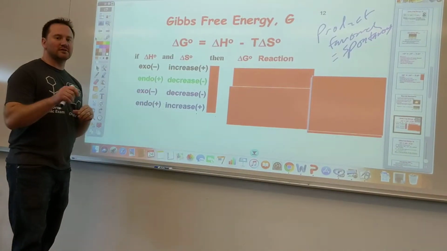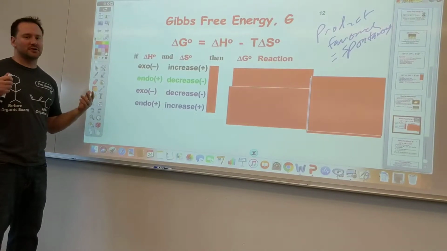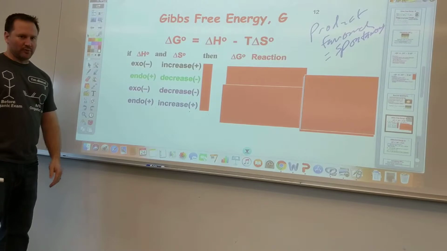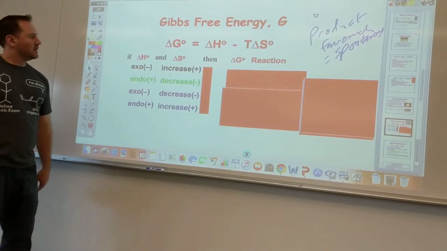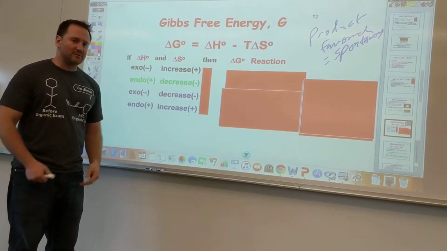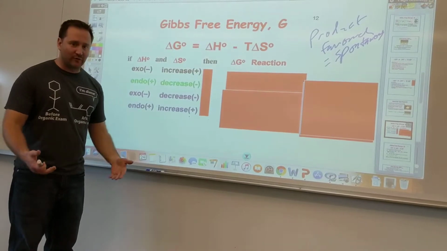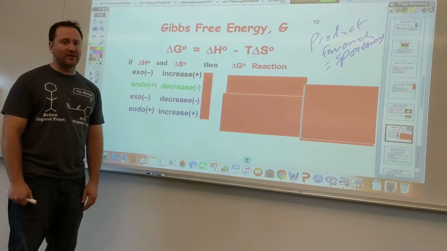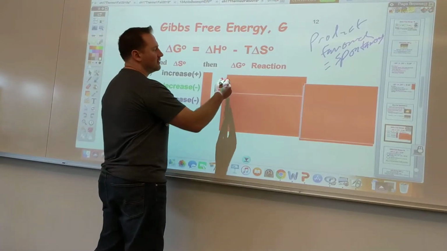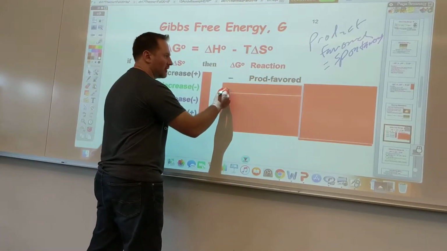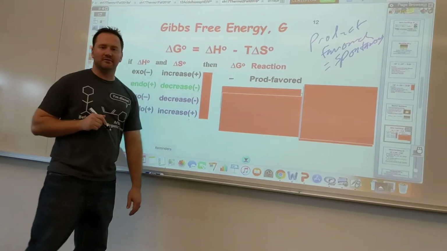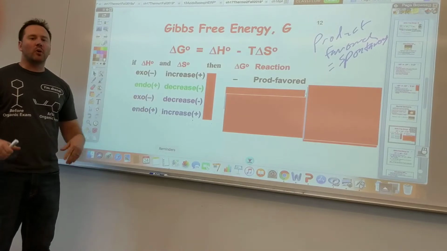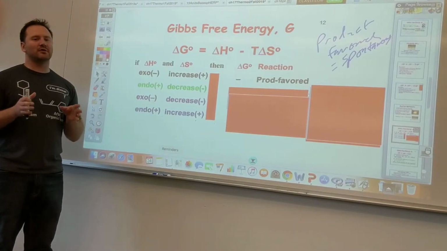So let's take a look at some situations and see whether or not a reaction can be spontaneous under those conditions. So if the reaction's exothermic, that's favorable. If delta S increases, meaning the entropy increases, that's also favorable. So both of those combined mean that the reaction's going to be favorable, and it's likely to make product, which means it's going to be product favored or spontaneous. The next situation we're looking at is that an endothermic system requires an input of energy, and that's not necessarily favorable.